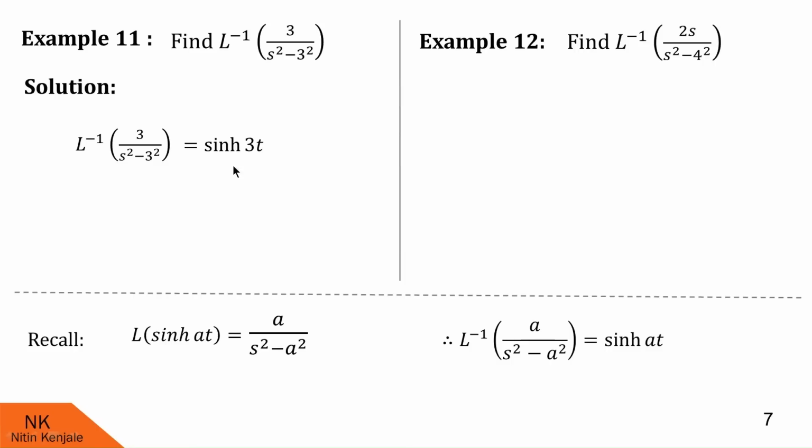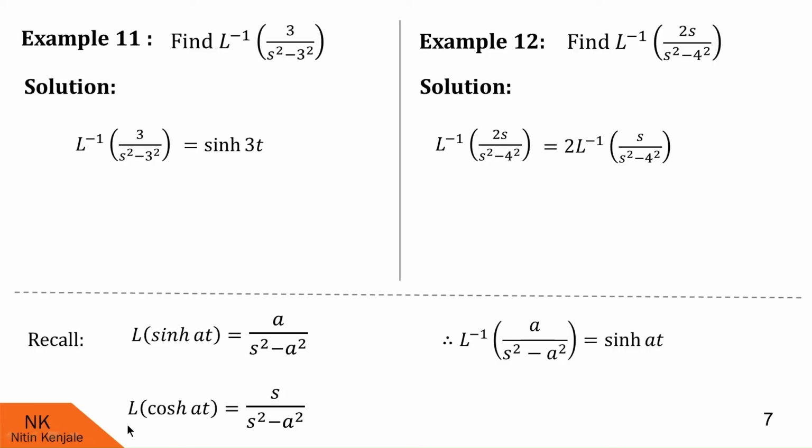Similarly, we will find out Laplace inverse of 2s upon s square minus 4 square. First, we will take out this constant 2 and we will write this as 2 times L inverse of s upon s square minus 4 square. Ask yourself whose Laplace transform is s upon s square minus 4 square.